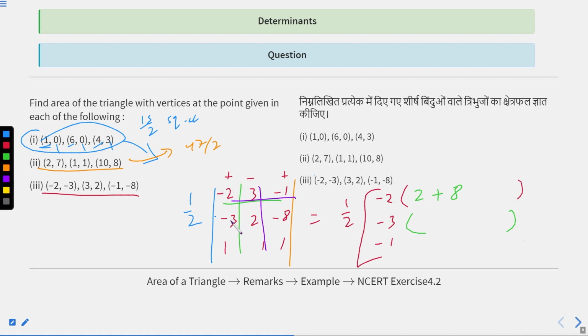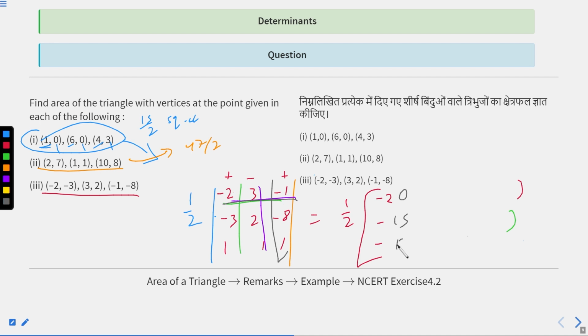What you will have, minus 3, and minus minus. Now eliminate this. You will have minus 3 and minus 2. Okay, simple. This will be 10, this will be plus 5, and this will be minus 5. Now this will be minus 20. This will be minus 15. This will be just 5.